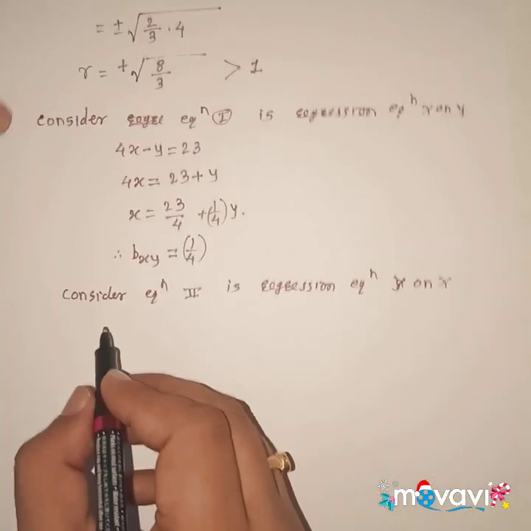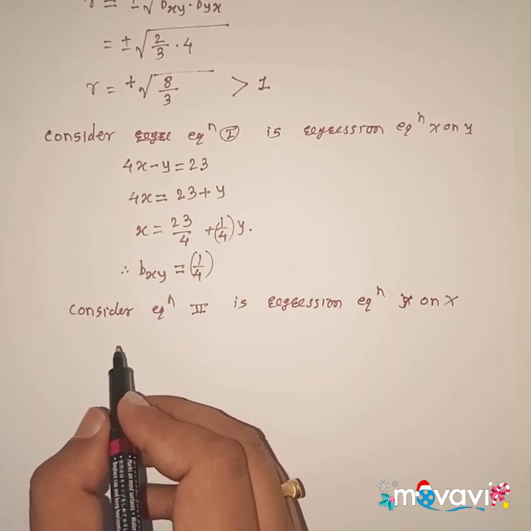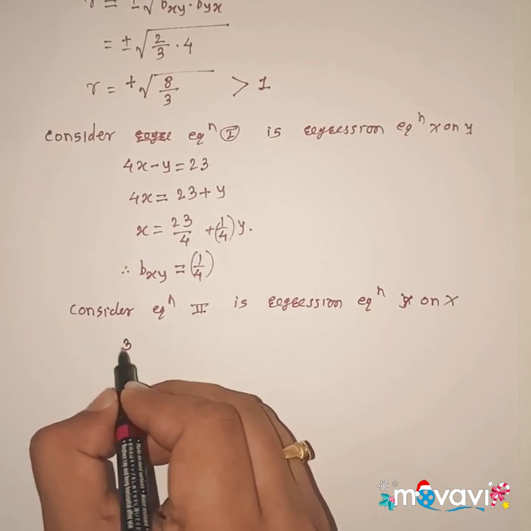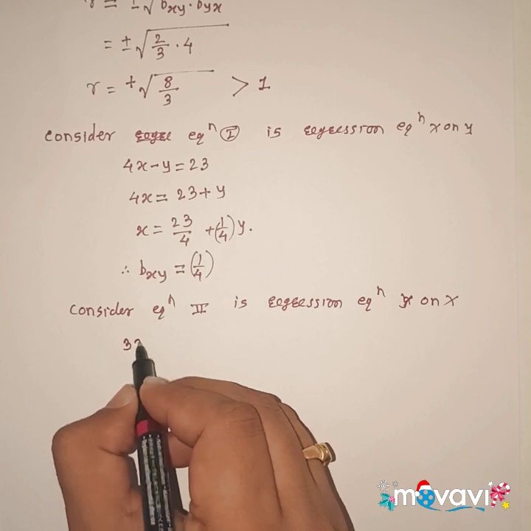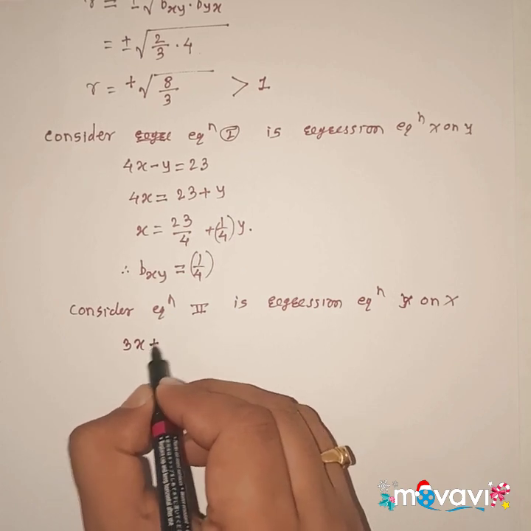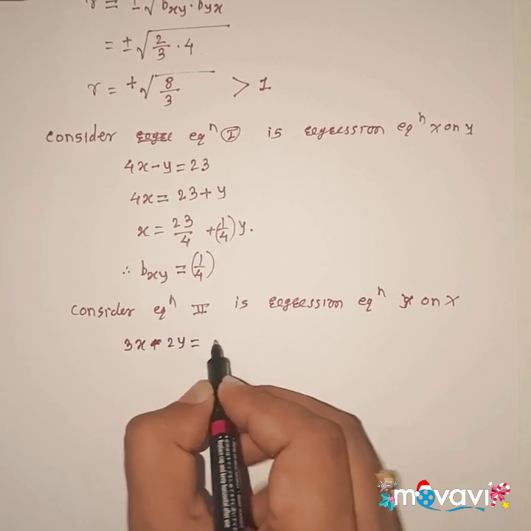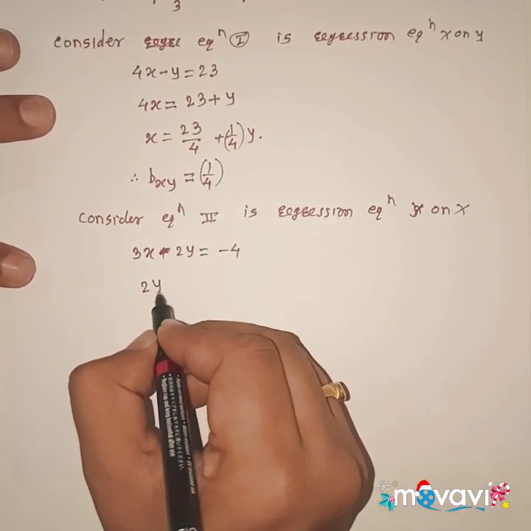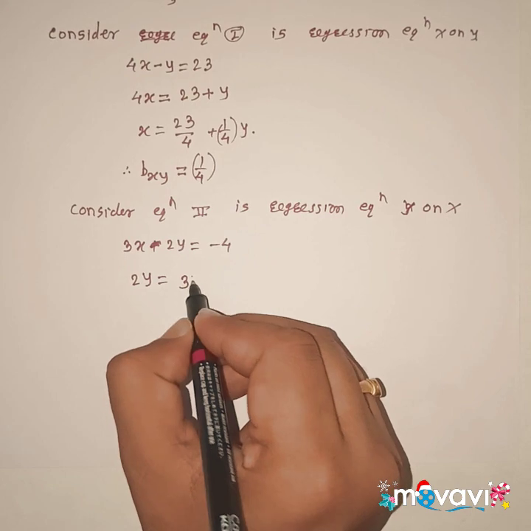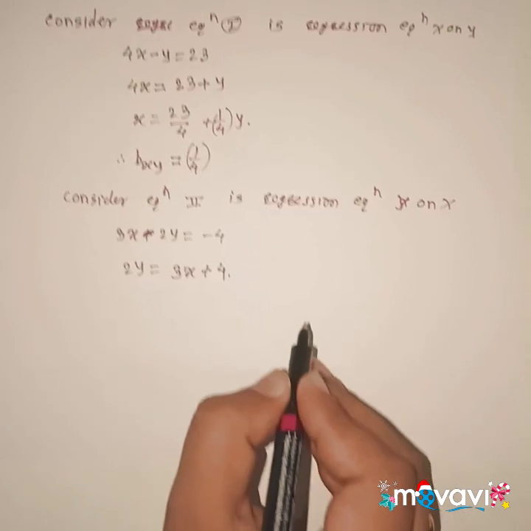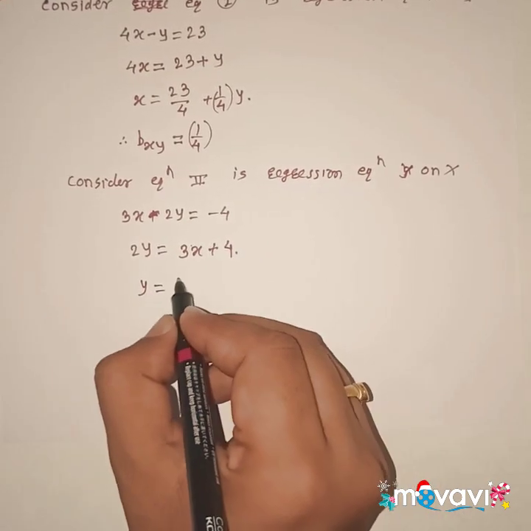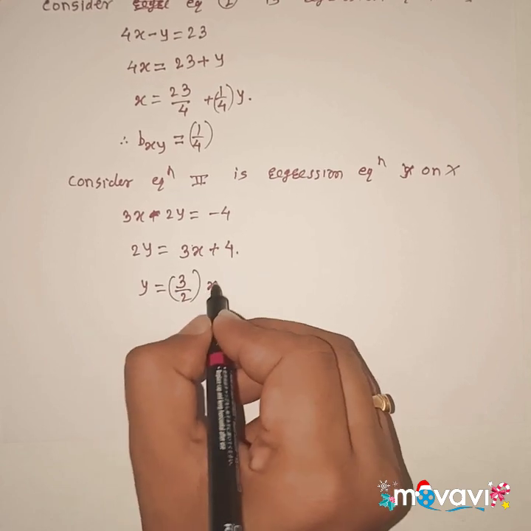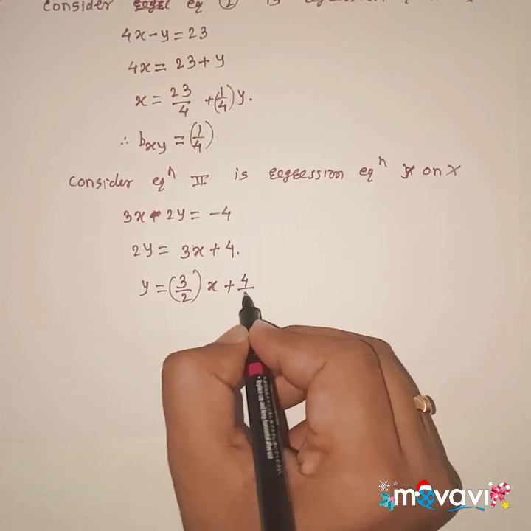So our second equation is 3x minus 2y is minus 4. We have to write this equation for y. So 2y is equal to 3x plus 4. So y is equal to 3 upon 2 x plus 4 upon 2.